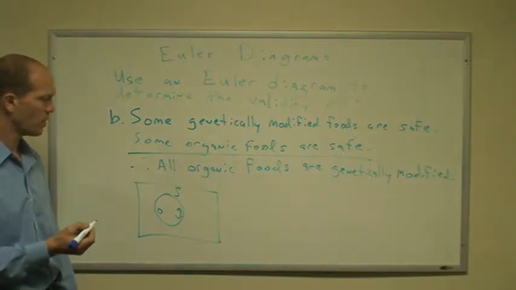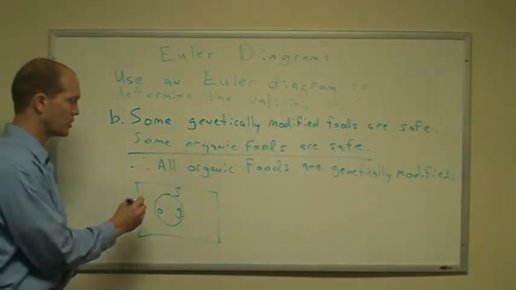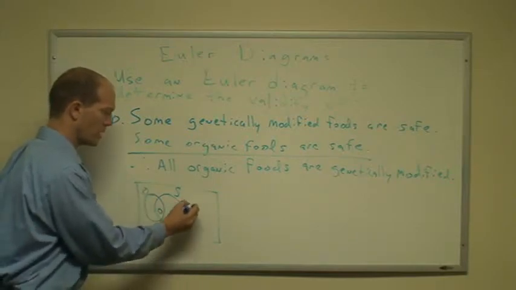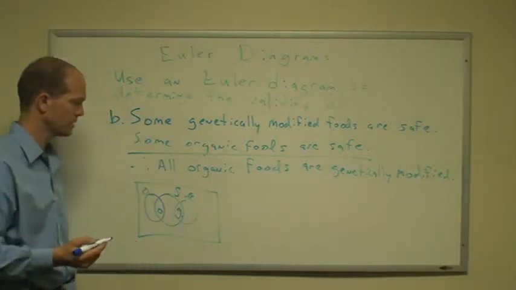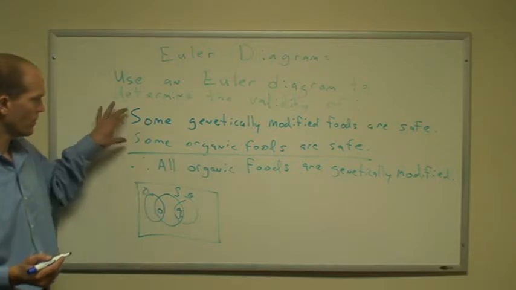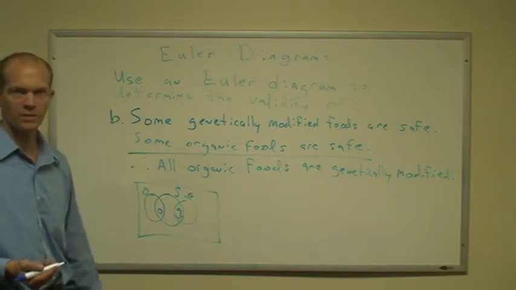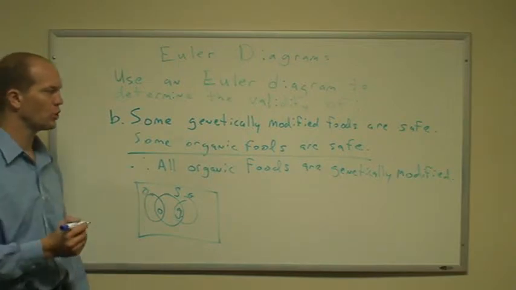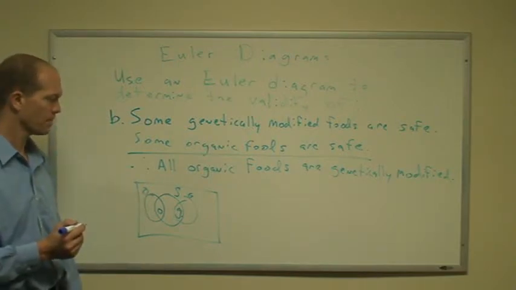We know some of them are within safe. And certainly, I could put O here and G here based on that discussion. So from the premises, I could get a diagram like this. Does this necessarily guarantee that all organic foods are genetically modified?